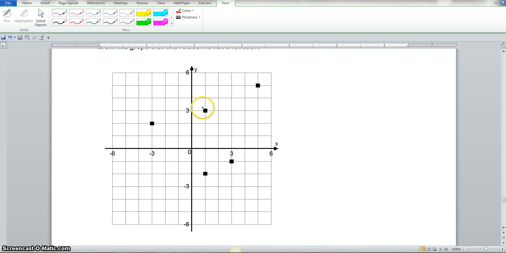Now, if you look here, if we drew a straight line here, it would hit both of these points. I took the liberty of drawing a straight line here to show that it hits both of these points.